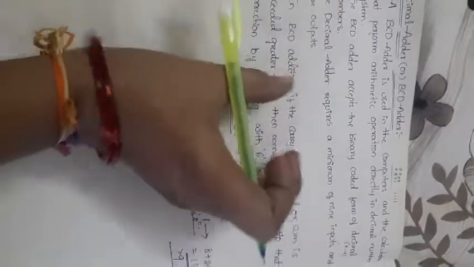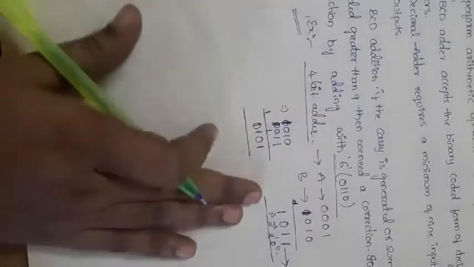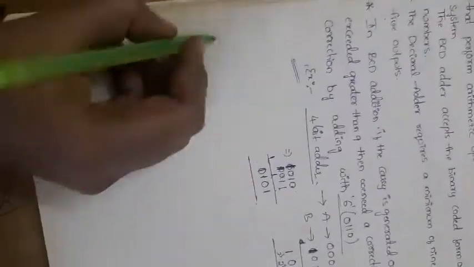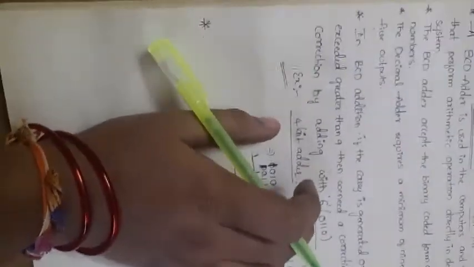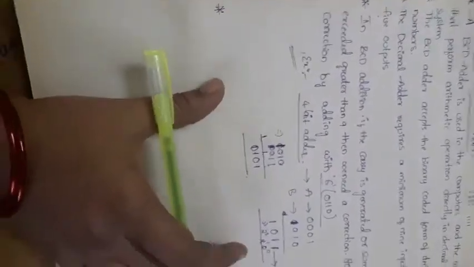Based on this definition, we can simplify the decimal adder. Now I am going to design this circuit. You already know the steps involved in designing any combinational circuit, so based on those steps we need to design this circuit. What is the first step? The problem is clearly observed, and the next one is we need to draw the truth table, right?